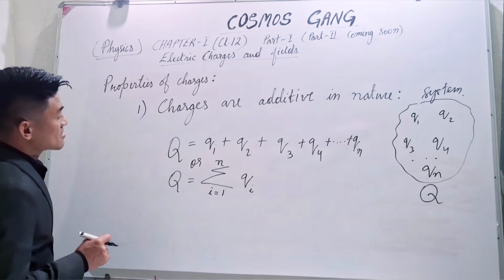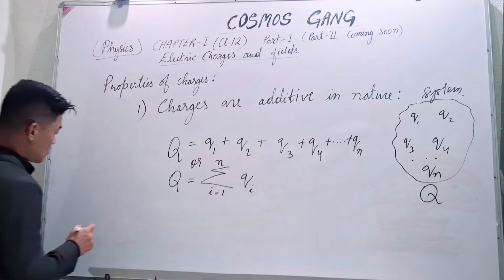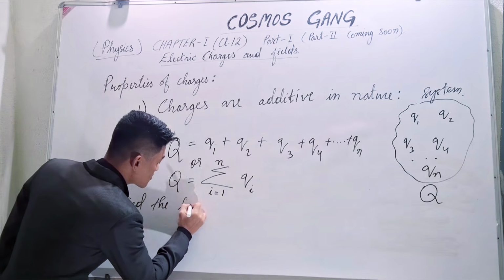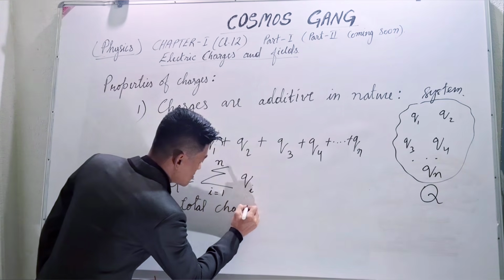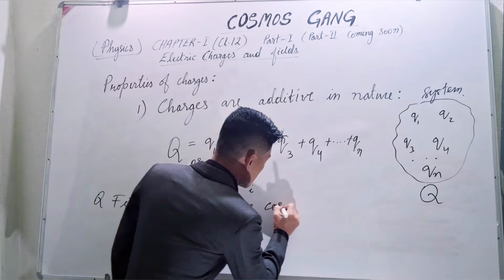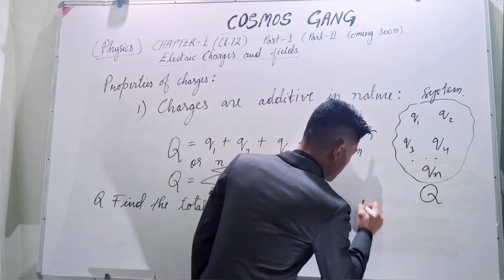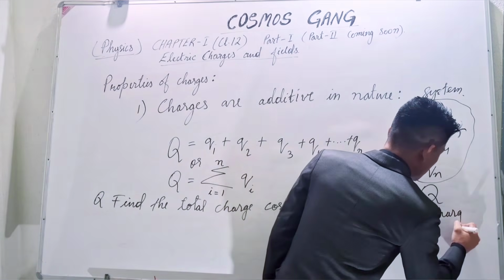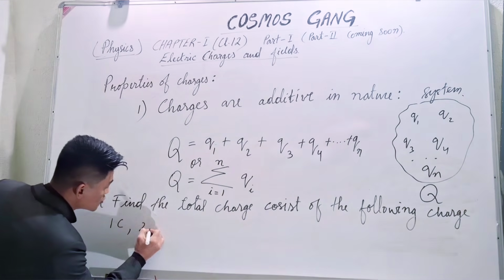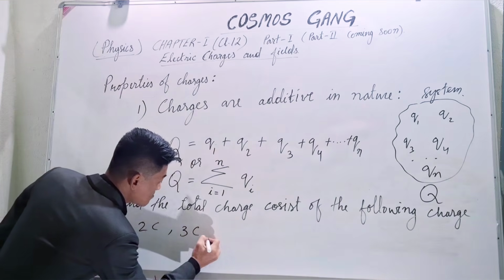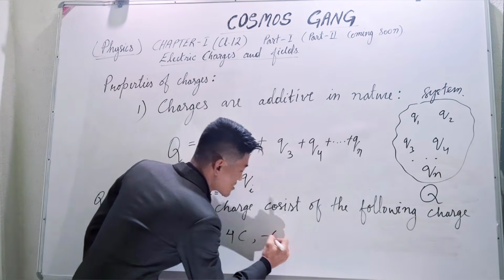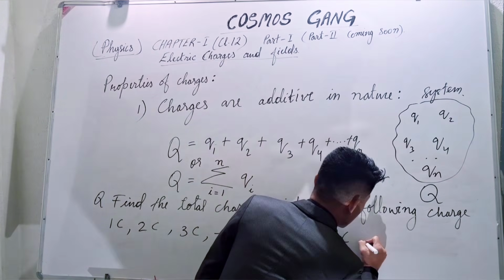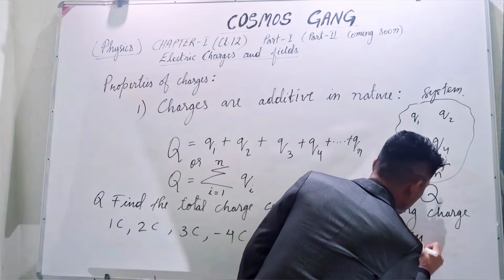To use this particular property, let's take an example: find the total charge in a system consisting of the following charges: 1 coulomb, 2 coulomb, 3 coulomb, minus 4 coulomb, minus 6 coulomb, and minus 1 coulomb.